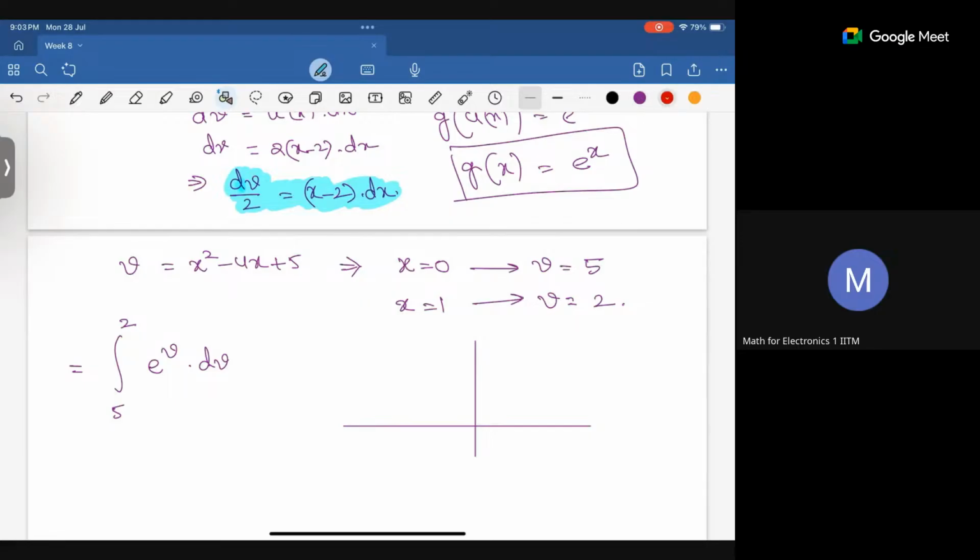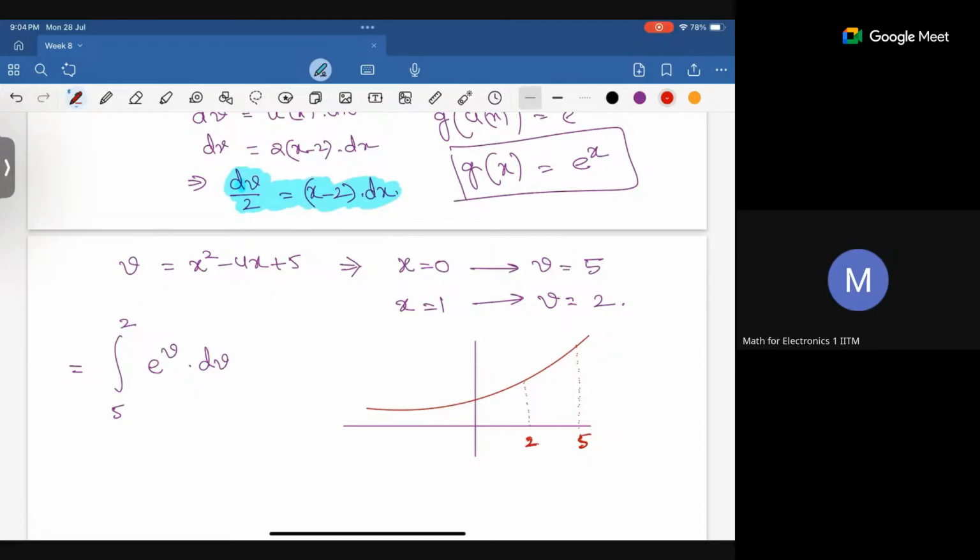So we have e power v, and we have 5 and 2.